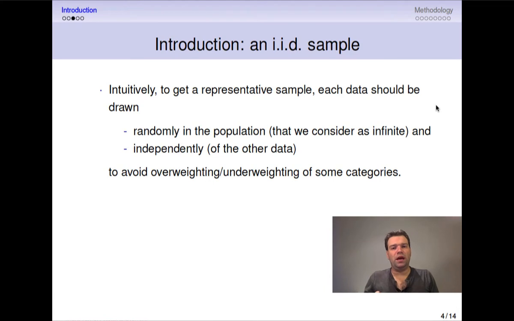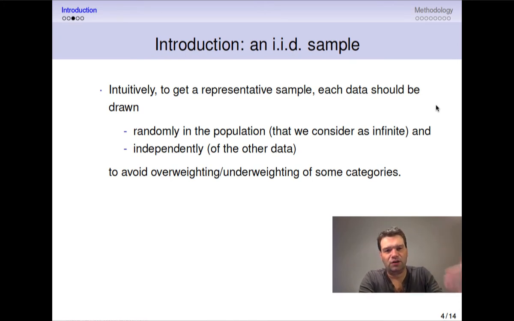we should be able to pick up individuals at random in the population. We could imagine that the population is a list of individuals, like an Excel list, where you take a random generator, a pseudo-random generator.